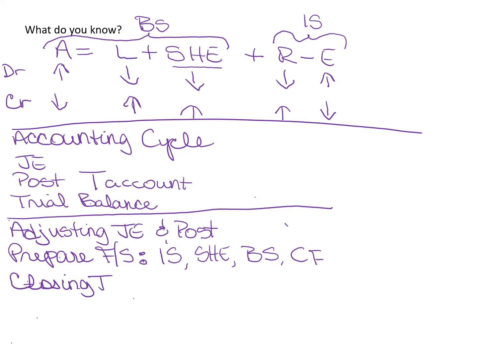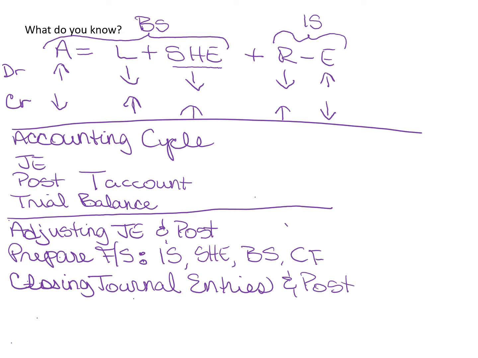Closing journal entries close our income statement accounts and our dividends accounts to zero them out, so that when the sun comes up on a brand new year, we are ready to begin again by accumulating what happened this year, not what happened last year. So closing journal entries zero out our revenue, expense, and dividend accounts. And of course, we also post those.